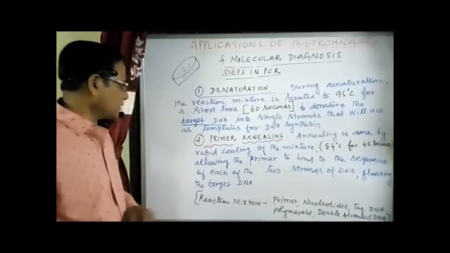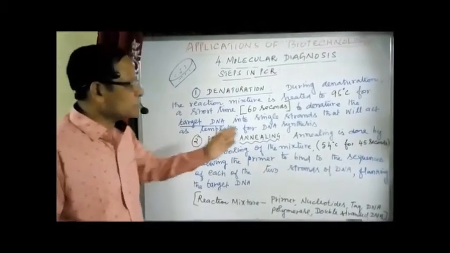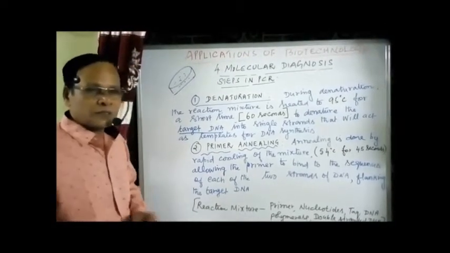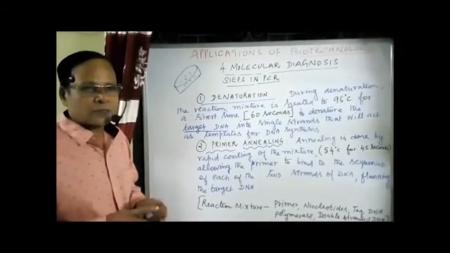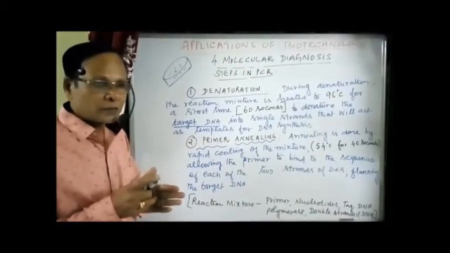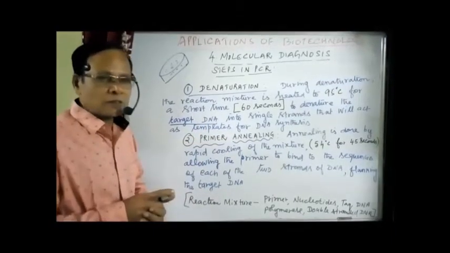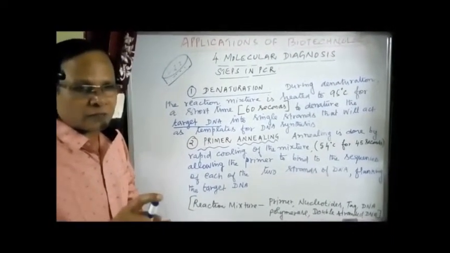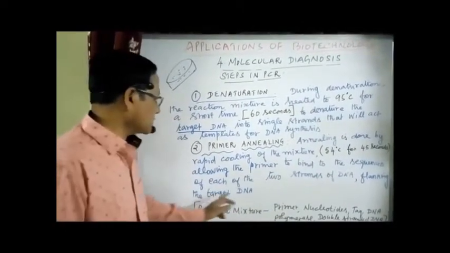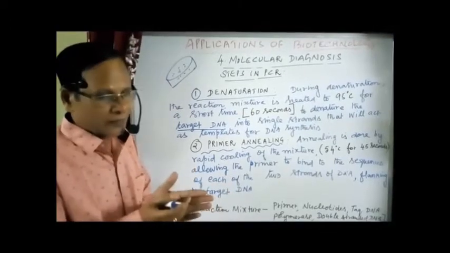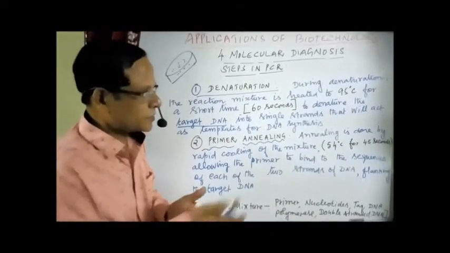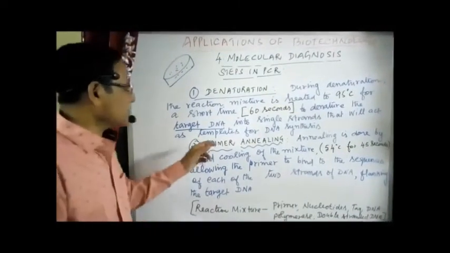Rapid cooling of the mixture allows the primer to bind to the sequence of each of the two separated strands. The primer binds to sequences on the template DNA strand of interest, to the two strands of DNA flanking the target DNA. Flanking on either side simply means attached to. So that's about the primer annealing process.